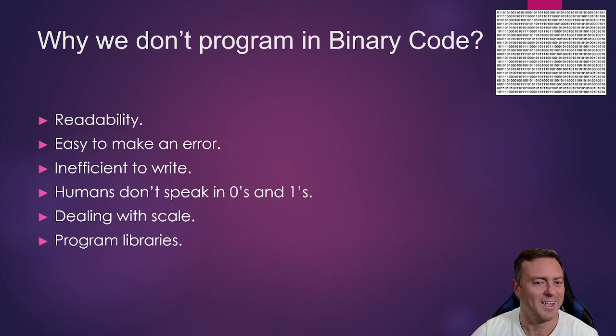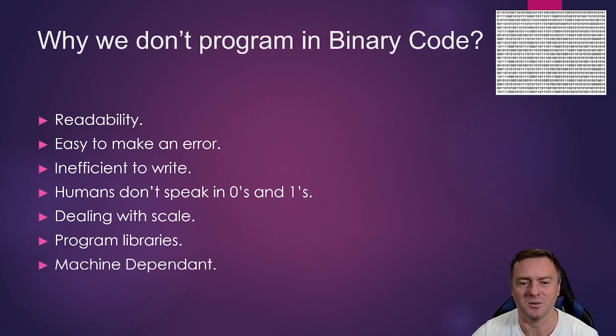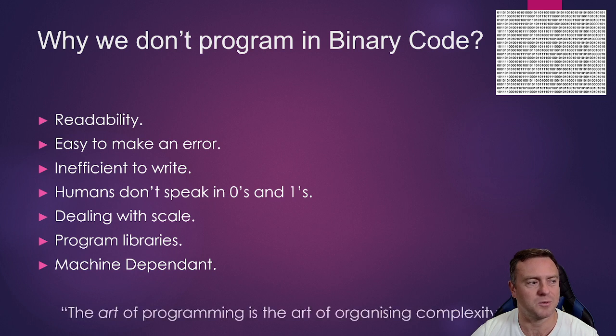There are also programming libraries, drawing in from other programs that people have written, that you miss out on. And it's also machine dependent. If you want to run that bit of code on a PC compared to a PlayStation, the code only works depending on the machine that it's been built with. So there are a lot of problems with that.